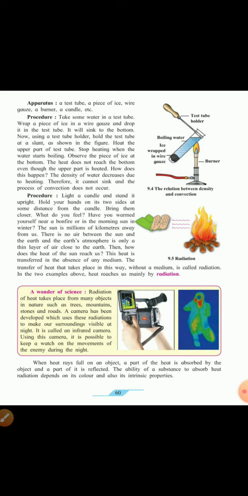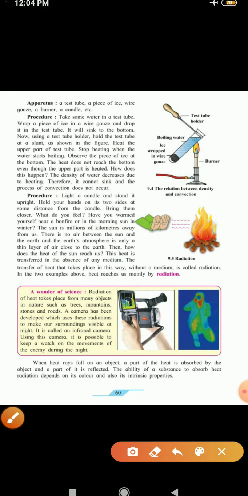Now let's see the third experiment. Apparatus: a test tube, a piece of ice, wire gauze, a burner, a candle, etc. So in the picture you can see 9.4. What is going on over there in the experiment? Take some water in a test tube, wrap a piece of ice in a wire gauze and drop it in the test tube.